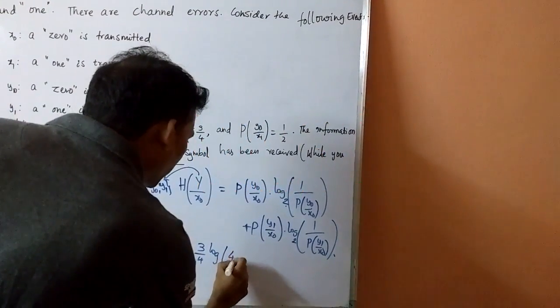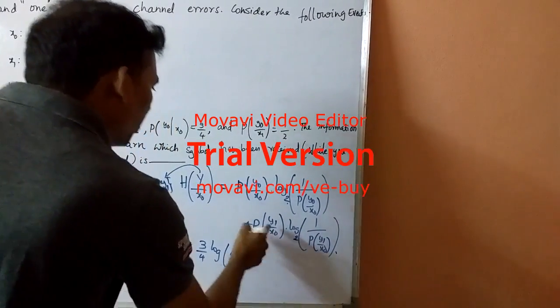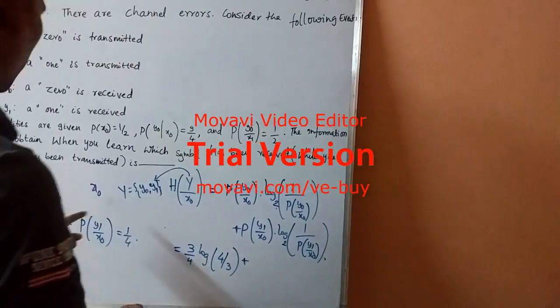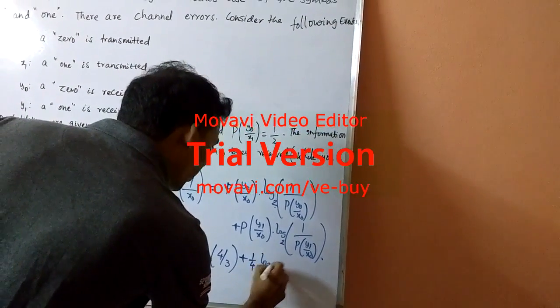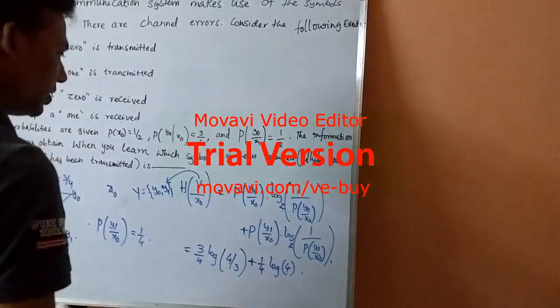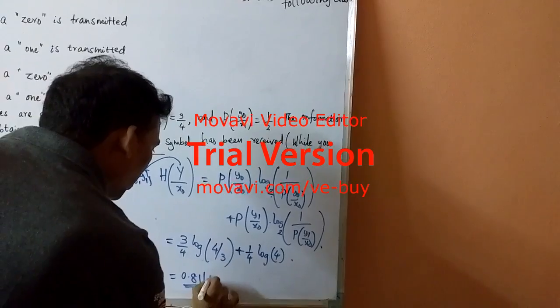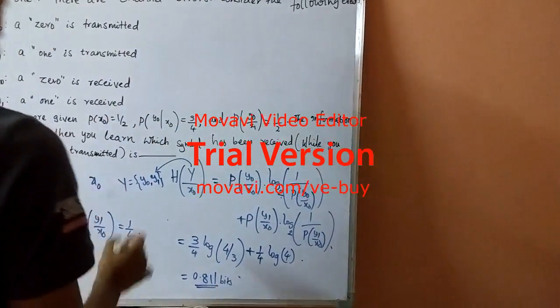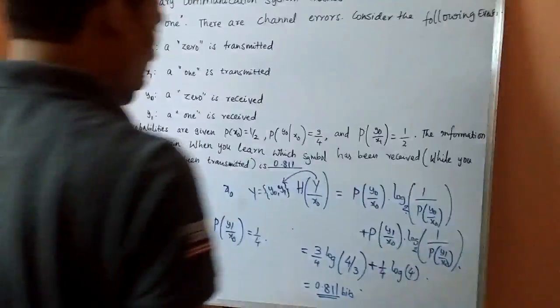Log of 4 by 3, plus P of y1 by x0, which is 1 by 4, into log of 4. This is equal to 0.811 bits. So the answer is 0.811.